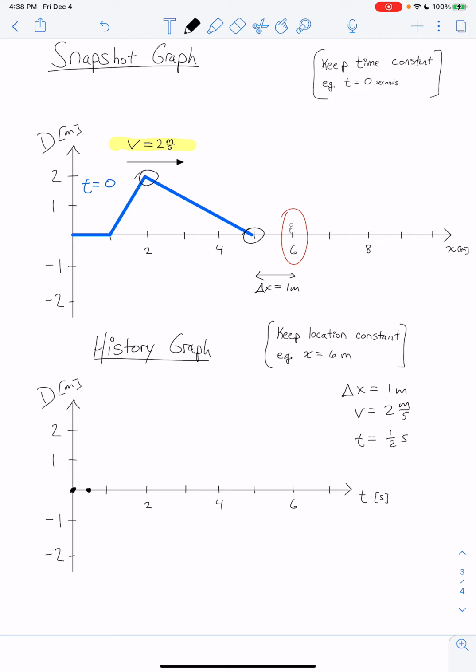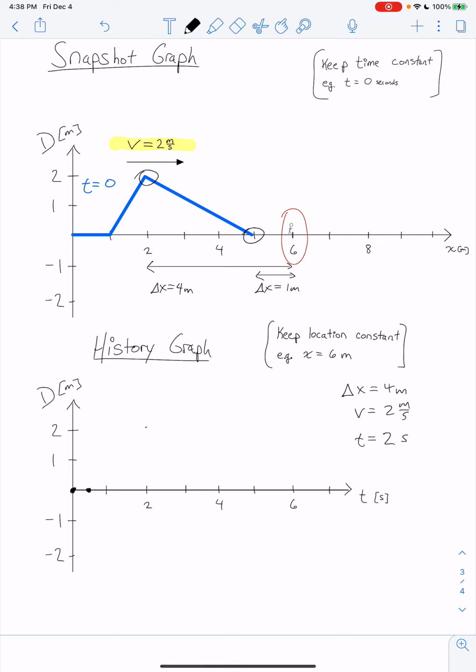Now let's look at the peak. How far away is it? 1, 2, 3, 4. So that peak is 4 meters away. If x is equal to 4 and v is equal to 2, how long does it take to arrive? 2 seconds.